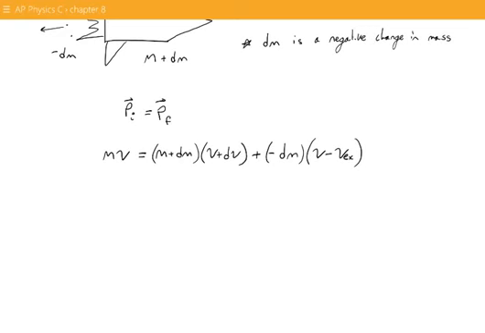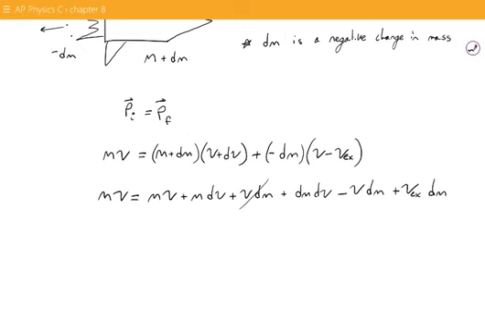So we can expand these terms and we'll get mass times velocity, plus mass times dv, plus v times dm, plus dm times dv, minus v times dm, plus velocity of the exhaust times dm.